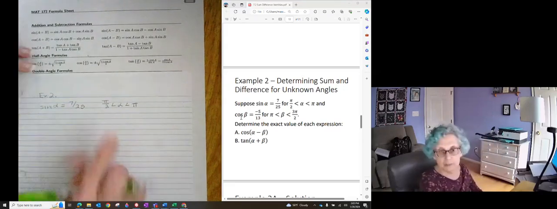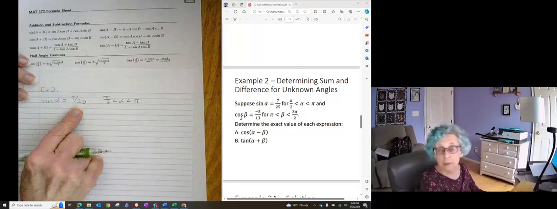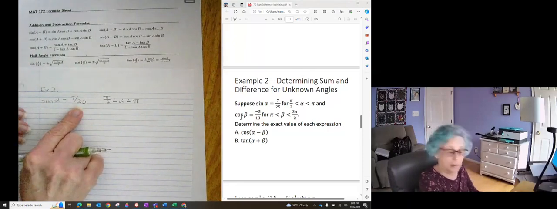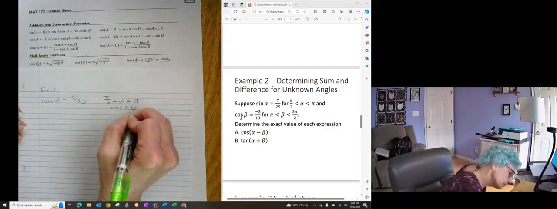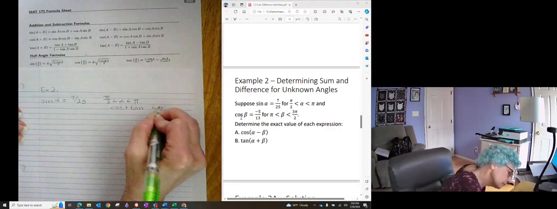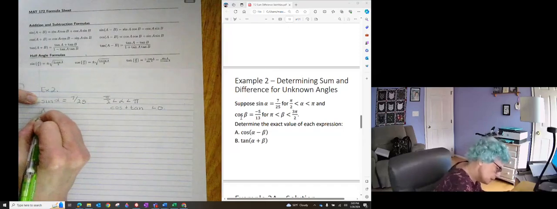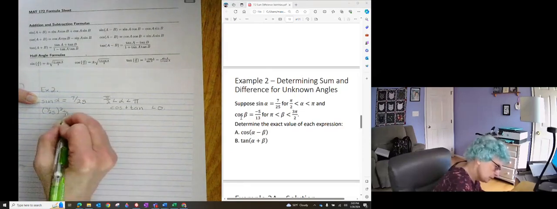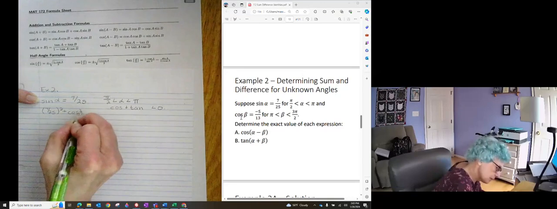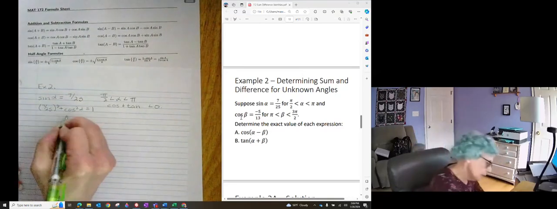Since alpha is between pi halves and pi, sine is positive, but cosine and tangent will both be negative. So I know that sine squared, so 7 over 25 squared, plus cosine squared of alpha is equal to 1.